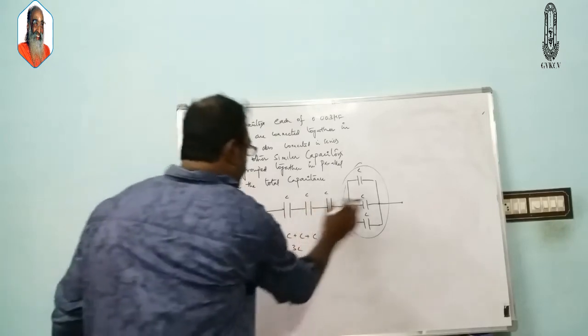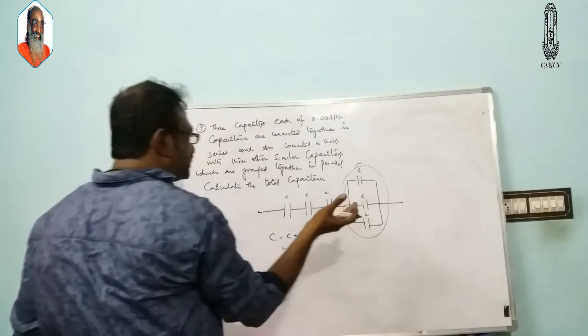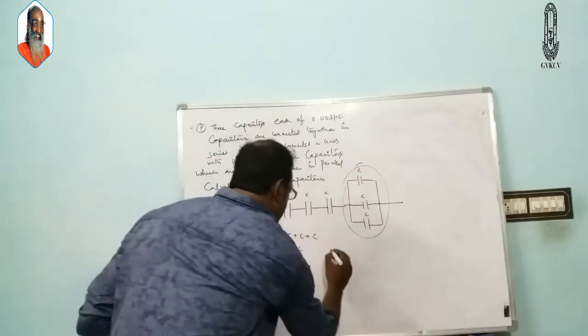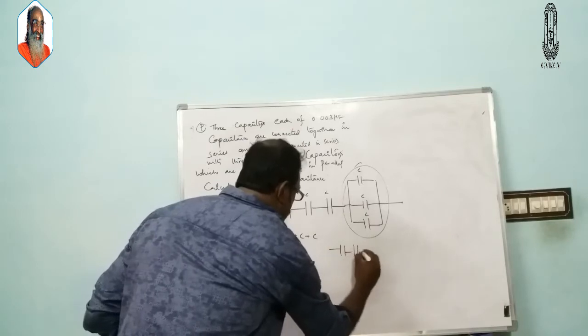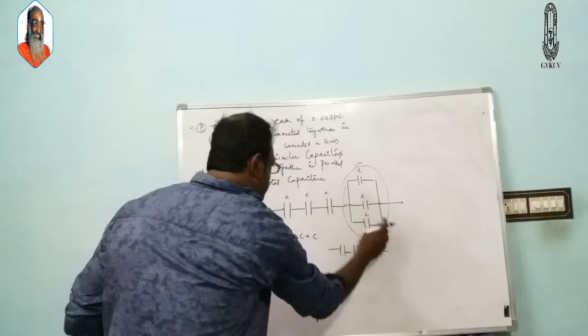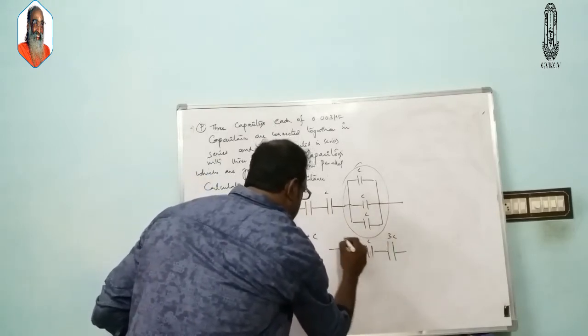That means these three result in a capacitor whose capacitance is 3C, and you can imagine how it will be like: 1, 2 and 3. These three are like that only. And because of these three, we get a 3C capacitor.